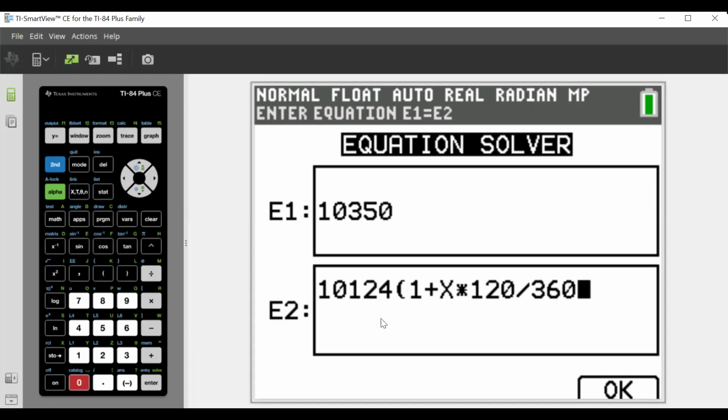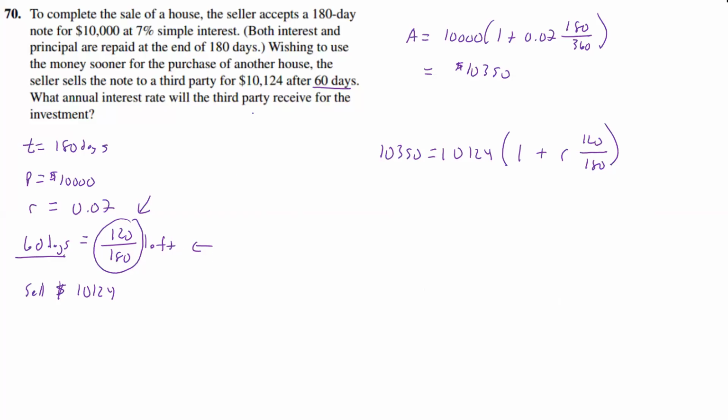So we have to really pay attention to what we're doing here, which I didn't do. There's 120 out of 180 days left for the period, but we're converting the 120 into years here. And so that's what we have to do.